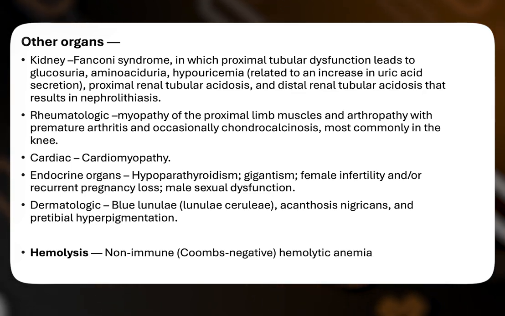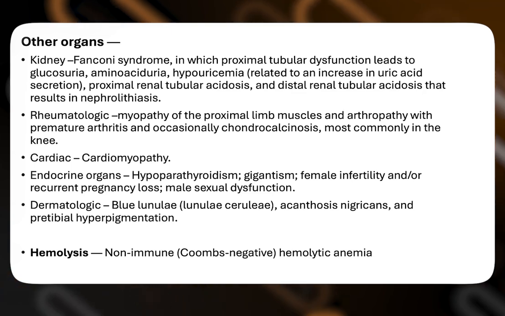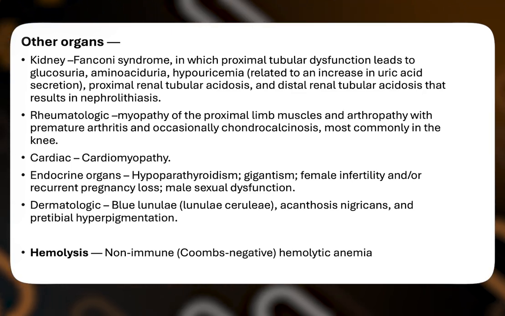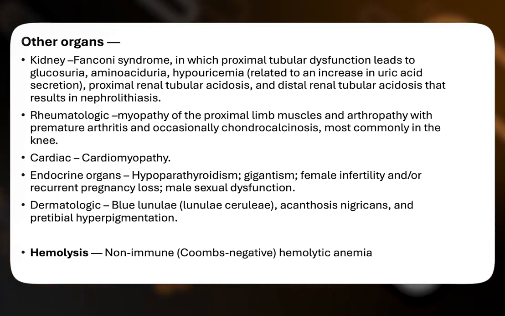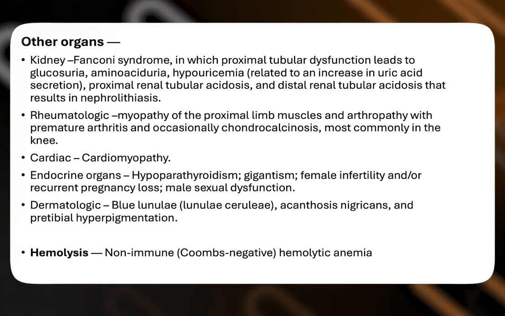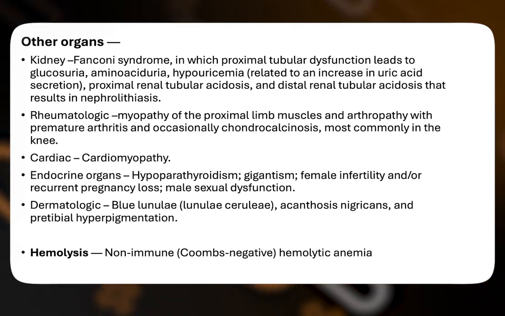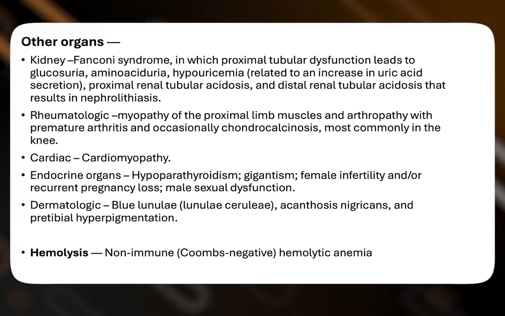Myopathy with proximal limb muscle weakness. Arthropathy, arthritis is very common. We cannot differentiate the arthropathy from that caused by pseudogout, which is chondrocalcinosis. It's most commonly in the knee joint. You cannot distinguish actually. Then cardiac, of course, there is a high chance of cardiomyopathy.